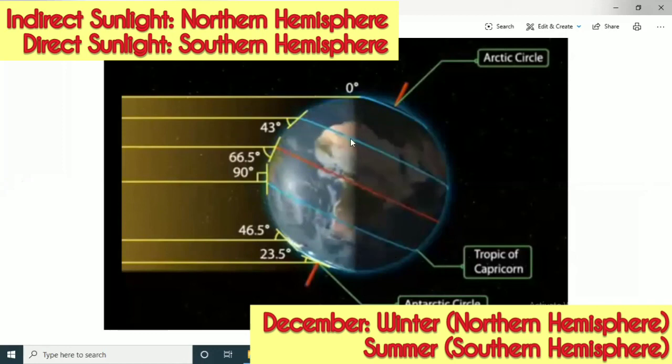And look, India is in northern hemisphere and northern hemisphere is not getting direct sunlight. Yes, it is getting indirect sunlight, and that is why during December we have winters. So it is happening because of the tilt of the earth. Yes. So class, this is the reason why seasons occur.